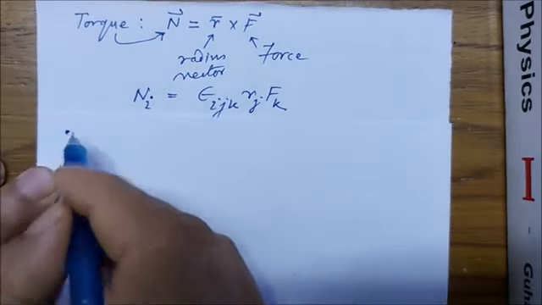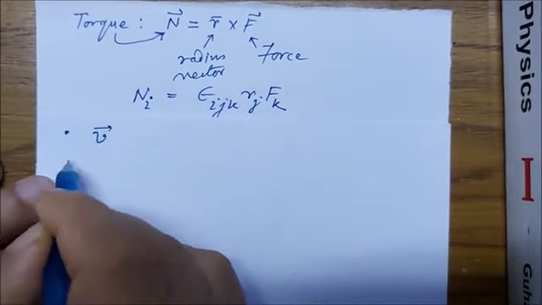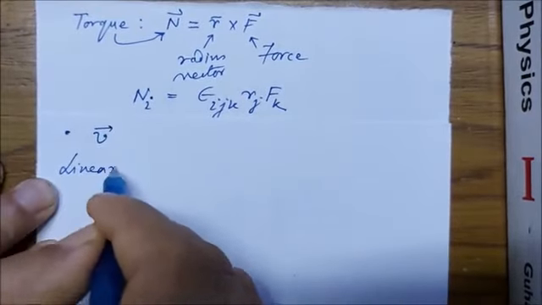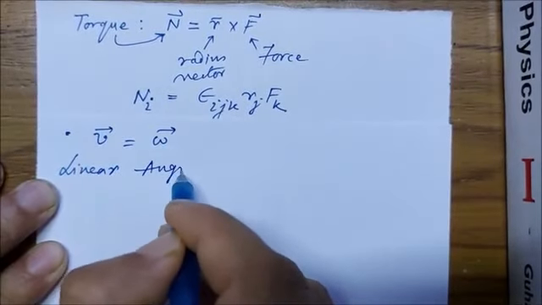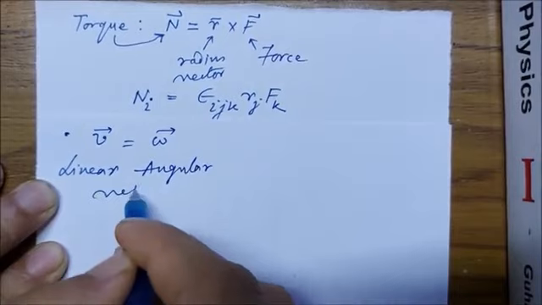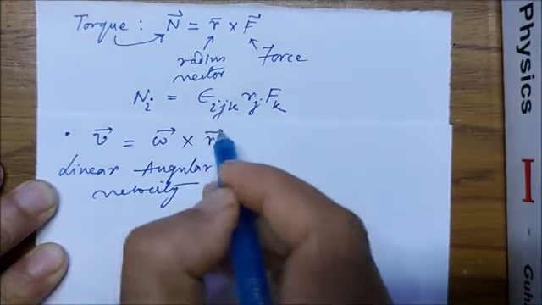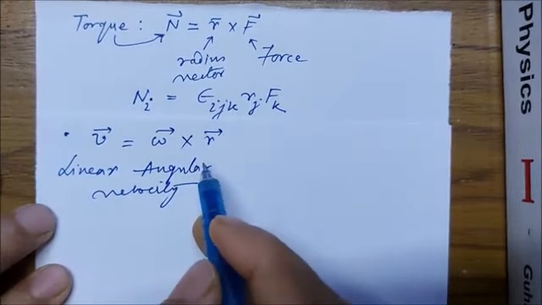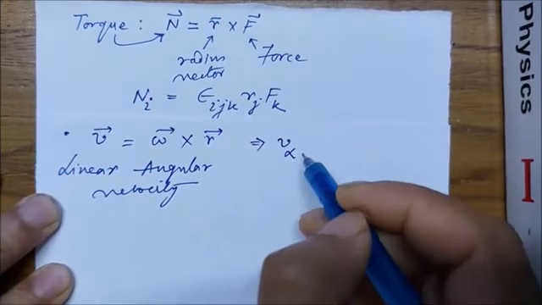As another example, let us mention the relation between linear velocity and angular velocity, which is given by omega cross r, and let us write down, say, the alpha-th component.